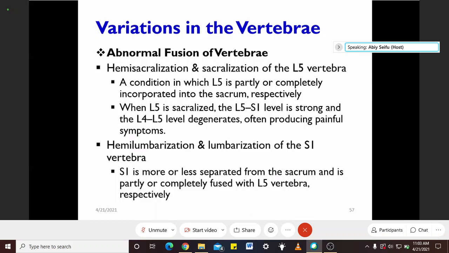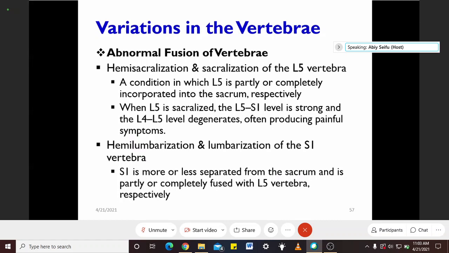Imagine the sacral vertebrae: there are five, and they fuse together as a single bone. But if the first sacral vertebra is separated from the rest and fused with the lumbar ones, in this case it is called lumbarization.